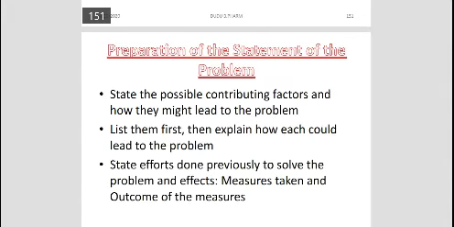So first, you have to list them and explain how each could lead to the problem. For example, with each variable, how does it relate to the problem? Then state efforts done previously to solve the problem and effects, measures taken and outcome of the measures. This is very important.